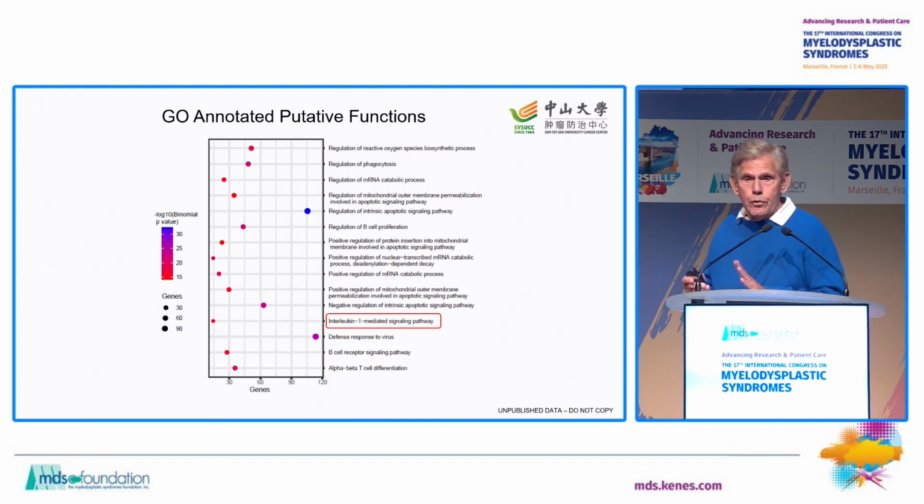So they confirm what I've told you up to this point, that hematopoietic cell lineage genes and cytokine interactions, particularly IL-1 alpha and beta, are what is driving this movement towards a CMML phenotype in patients with myelodysplastic neoplasm.